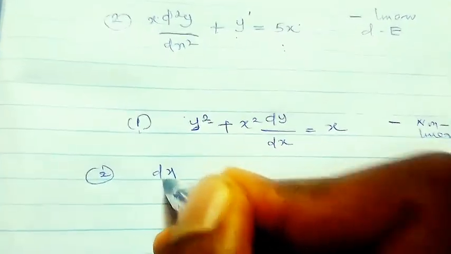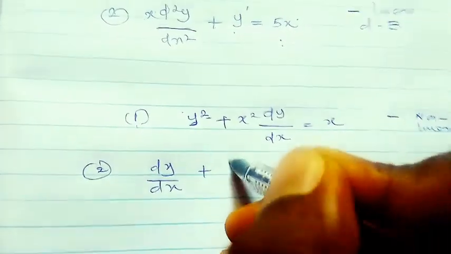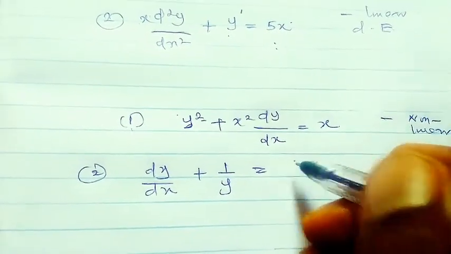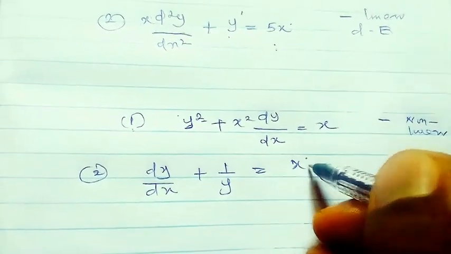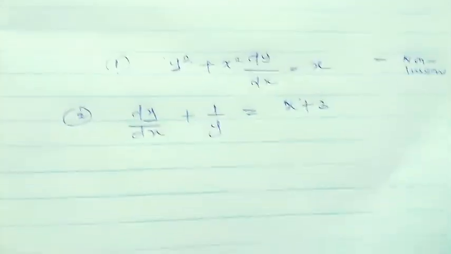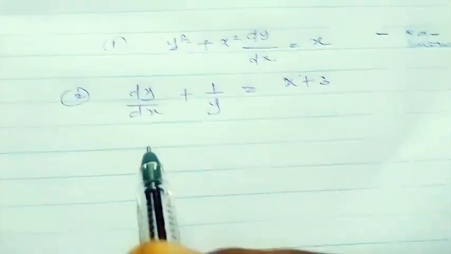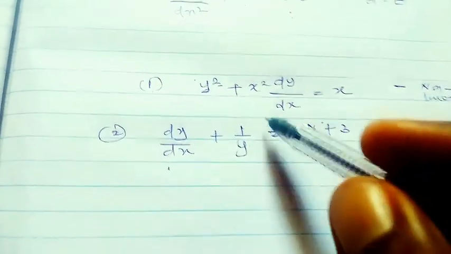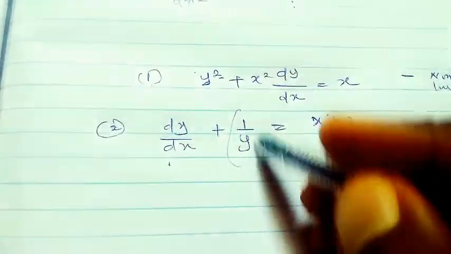Let's take another example: dy/dx plus 1 over y equals x plus 3. Now looking at this second equation, we have the derivative of y with respect to x, yes, in additive combination. Now, it is not in additive combination with the dependent variable of first power.